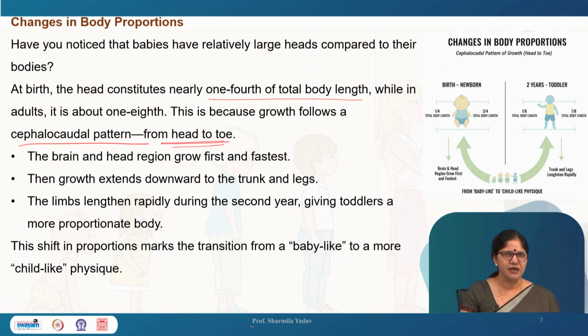The brain and head region grow first and fastest. Then growth extends downward to the trunk and legs. The limbs lengthen rapidly during the second year, giving toddlers a more proportionate body. This shift in proportions marks the transition from a baby-like to a more childlike physique.